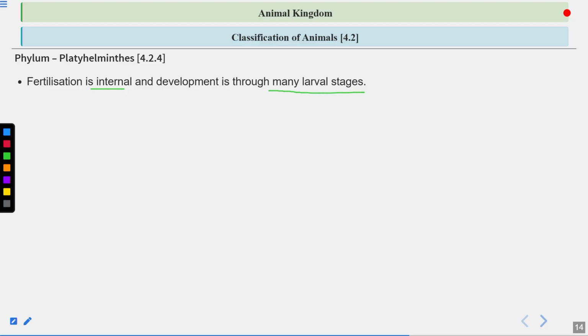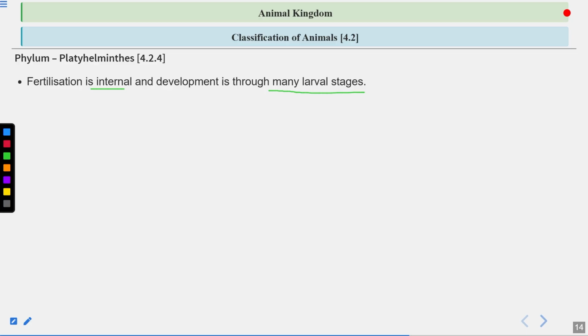Like you see in the case of earthworm also. Earthworm is also hermaphrodite. Like you see in the flower, both male reproductive organ as well as the female reproductive organ are present.